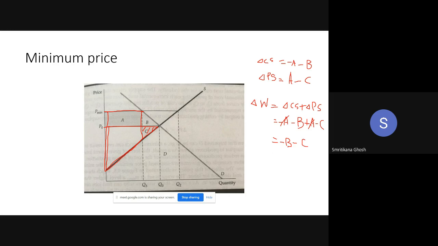And as this is the loss, these two are called the deadweight loss.